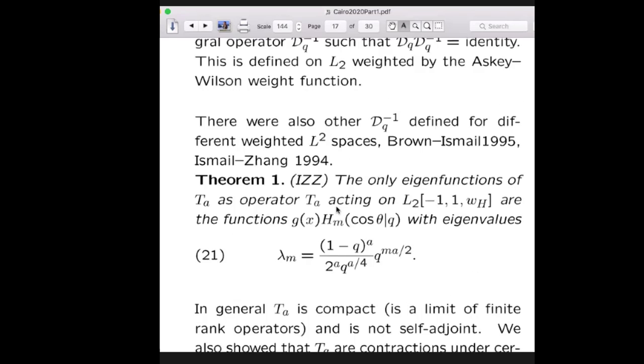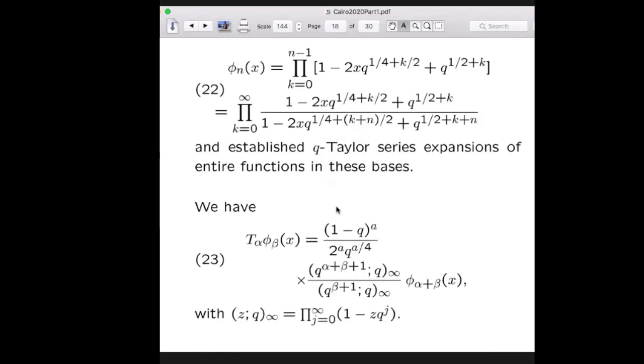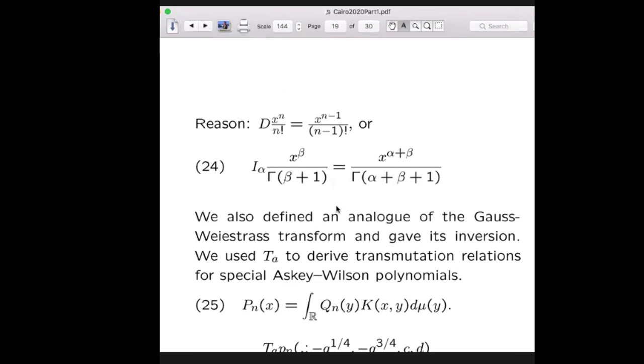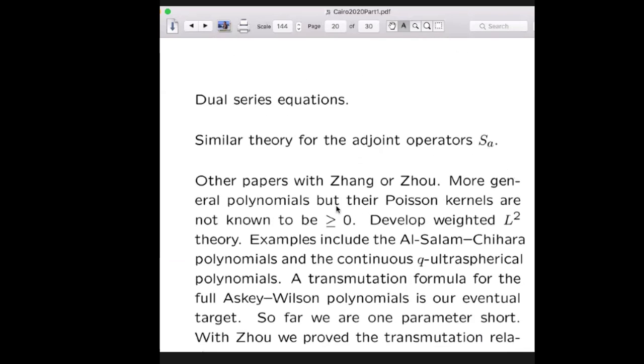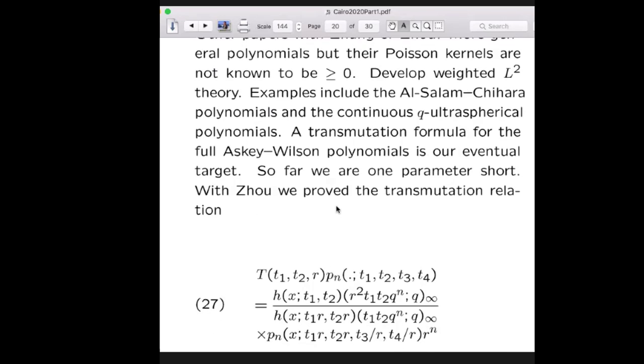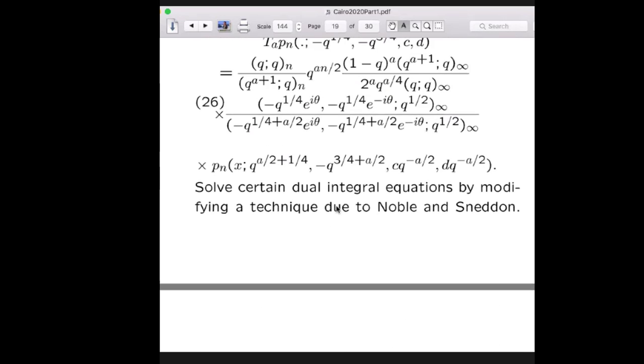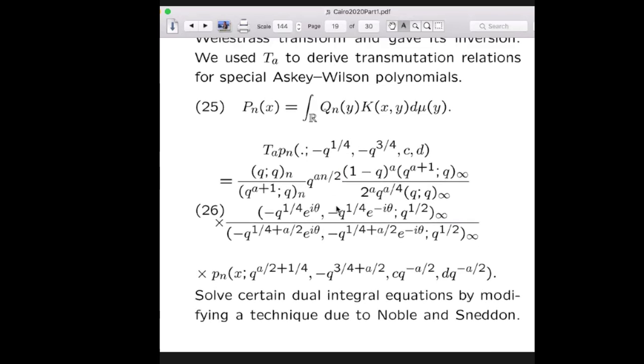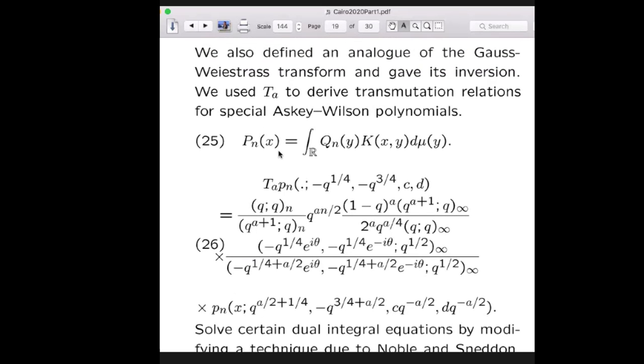And using our approach, we can get some. Okay, so this is what a transmutation relation is. I have two polynomials, Pn's and Qn's.